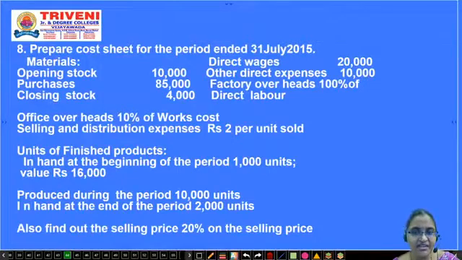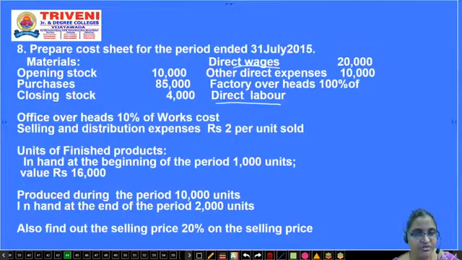Factory overheads 100% of direct labor. So here they explained the factory overhead is taken as 100% of direct labor. In the sum, direct labor and direct wages are similar words. So direct wages 20,000 into 100 by 100, the factory overhead was 20,000. Next, office overheads 10% of work cost.